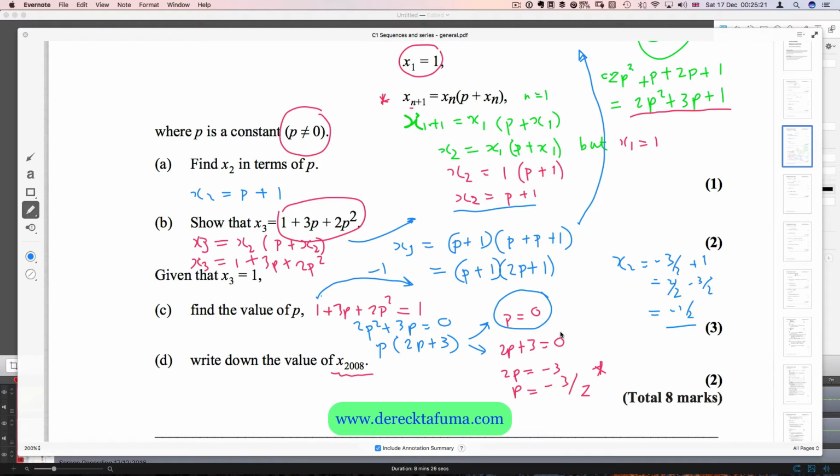Okay, now what would x4 be? x4 would be x3 p plus x3, and we know that x3 is 1, so that will be p plus 1.